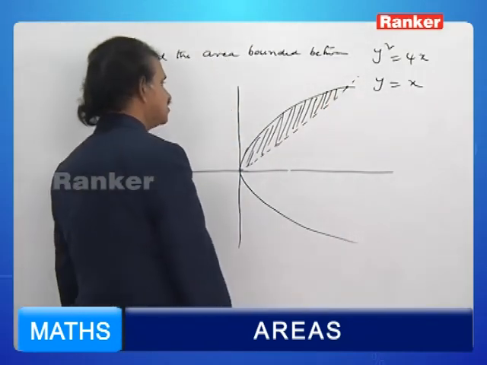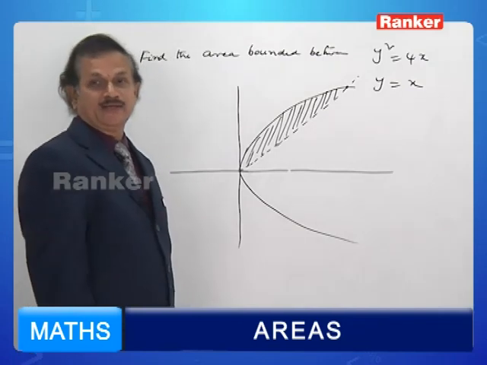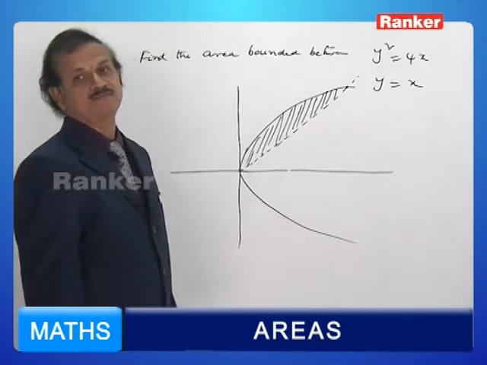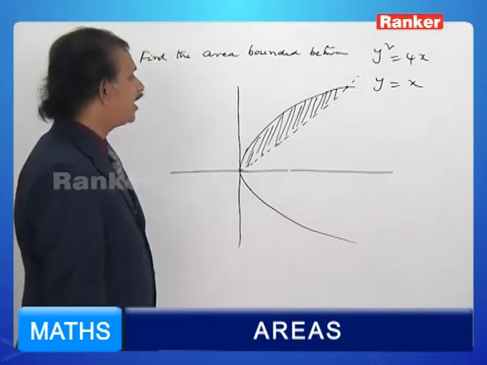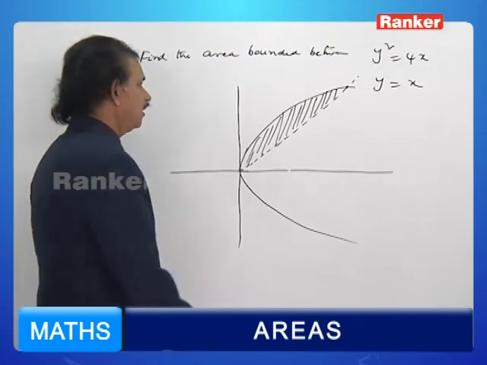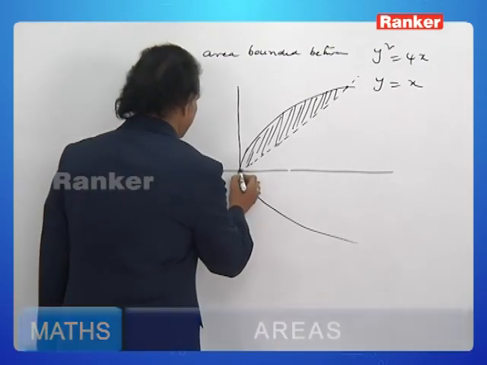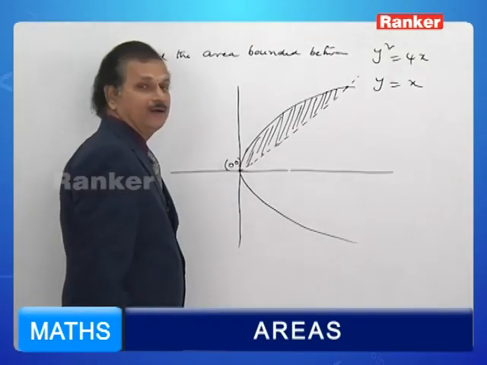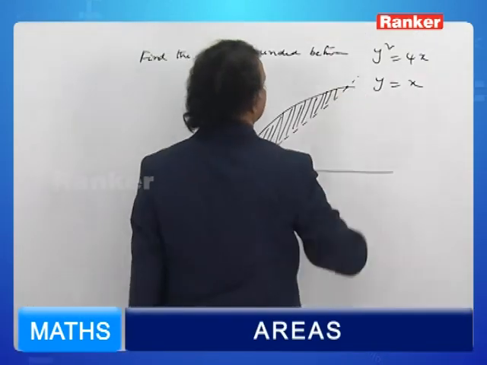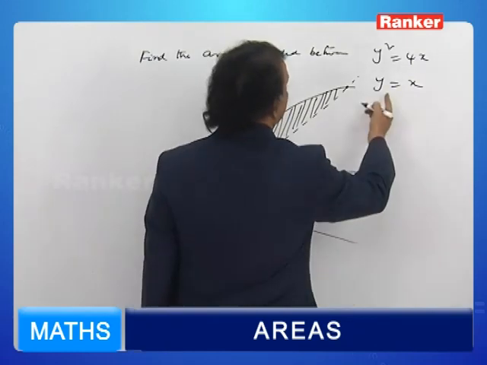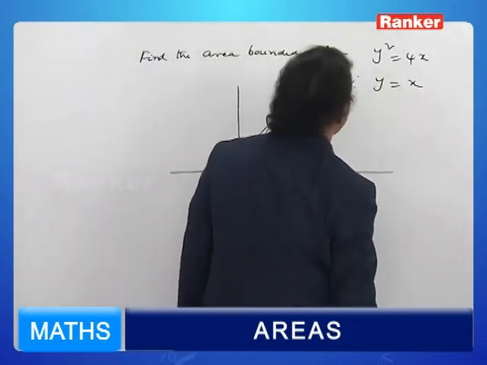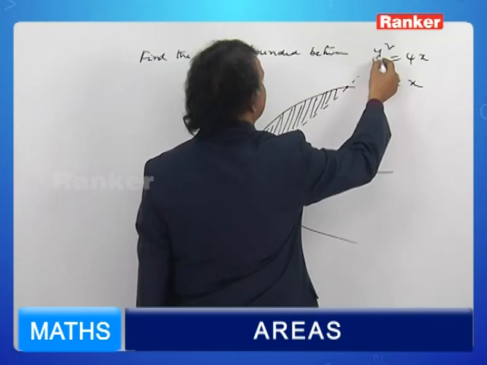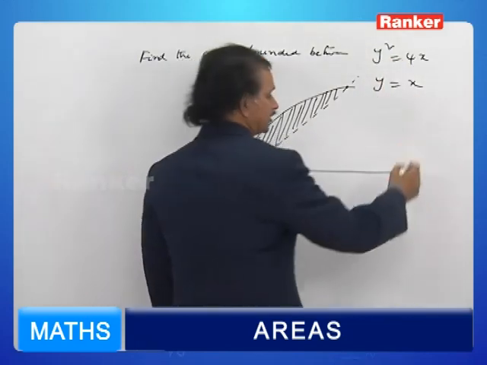Well, first of all, we must know the points of intersection of these two curves. Where do these two meet? Automatically at the origin, 0, 0. And what will be this point? Look here, y is equal to x and y square is equal to 4x. If you take y is equal to x here, x square is equal to 4x, isn't it?